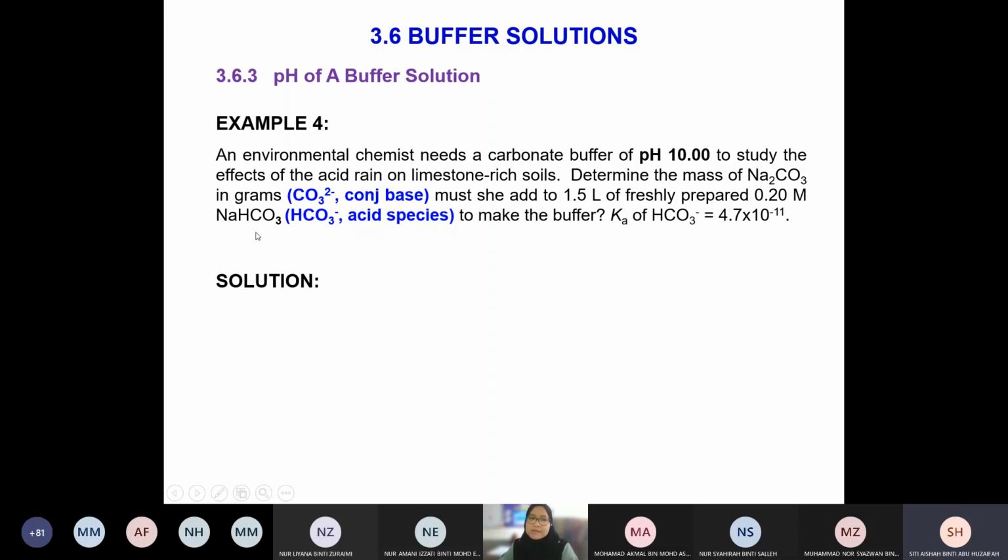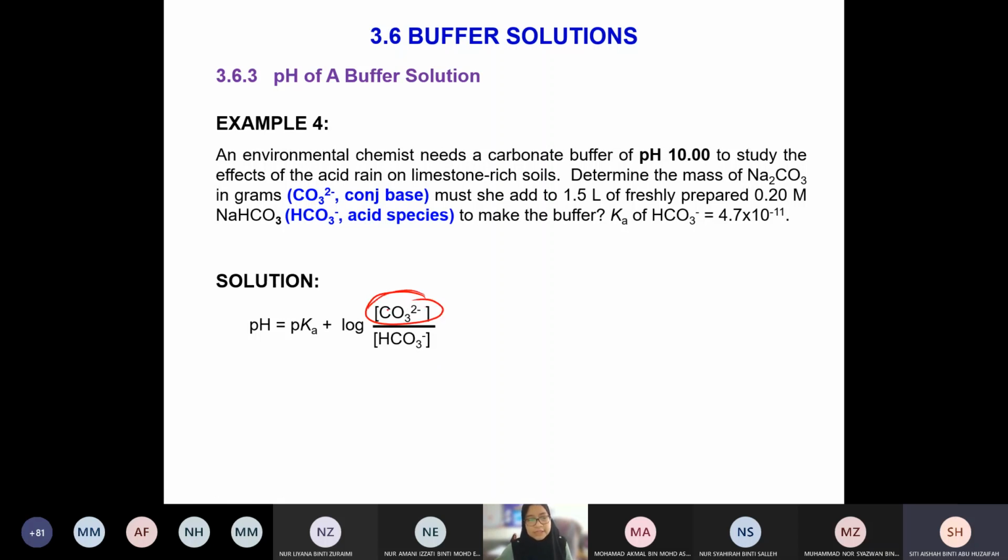No problem, it is the same, we play around with the Henderson equation from just now. So have the formula first so that you can see what you actually need to find. You actually need to find sodium carbonate, right? This one at the top. Make sure its position is correct.